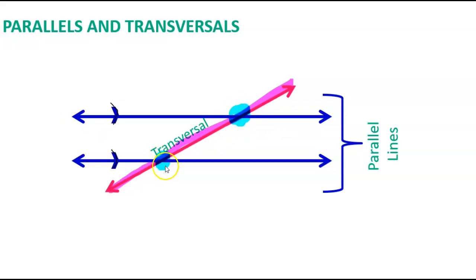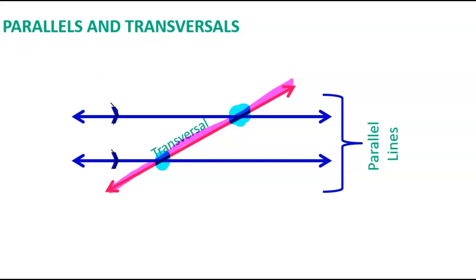Notice we have two intersections that are formed. So we have interior, which is inside, exterior, which is outside, and this other new word, transversal. The transversal is just the line that cuts the two other lines. Now, those two other lines could be parallel, and sometimes they're not parallel.